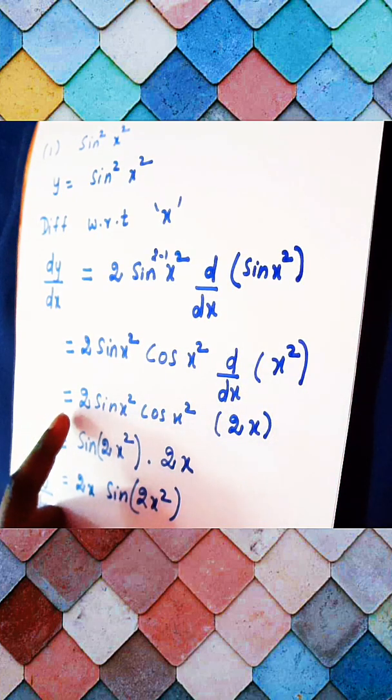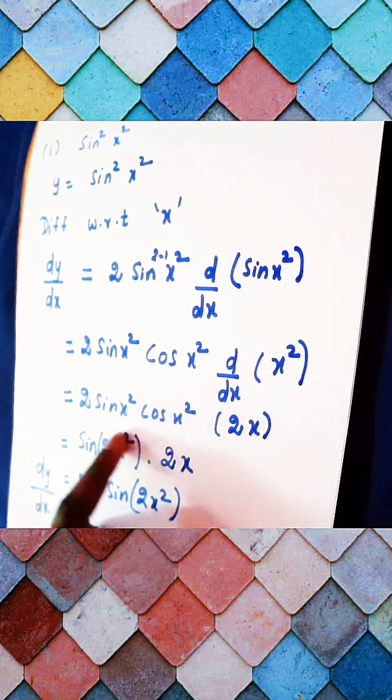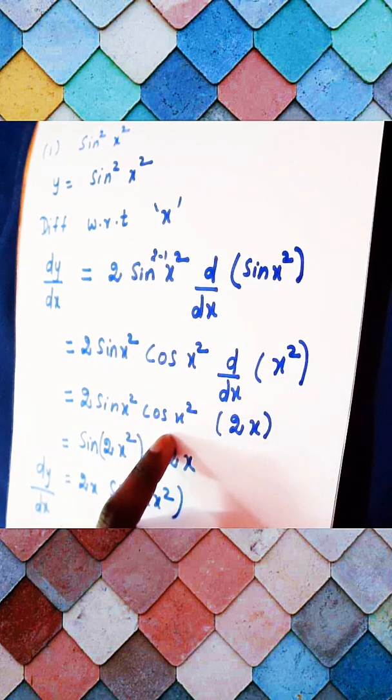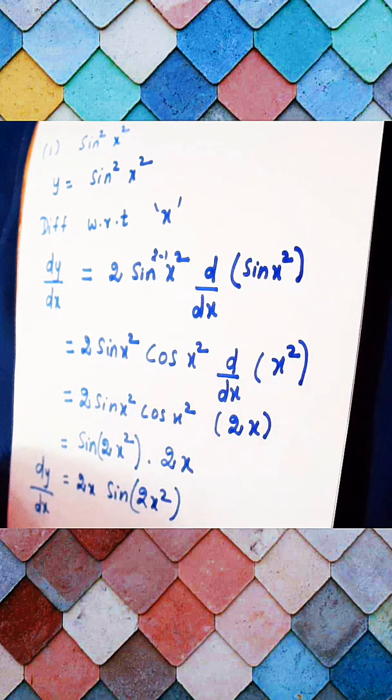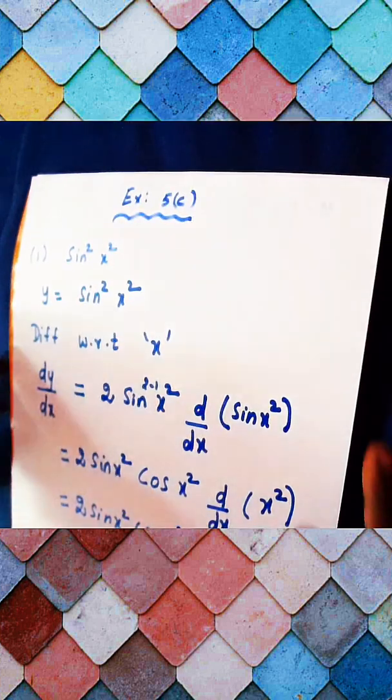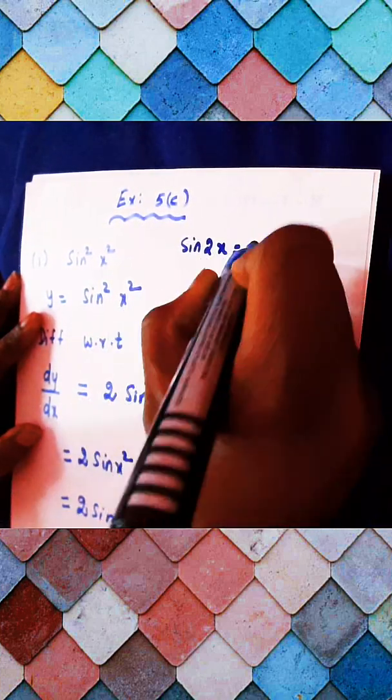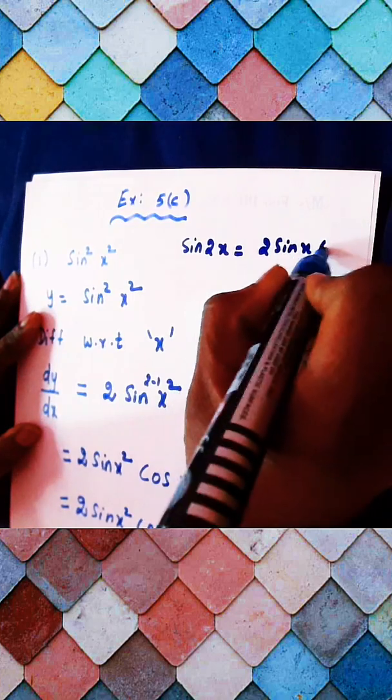Now, it is of the form 2 sine x cos x. Applying the trigonometric identity, it is sine 2x. I already told you that sine 2x is equal to 2 sine x cos x.